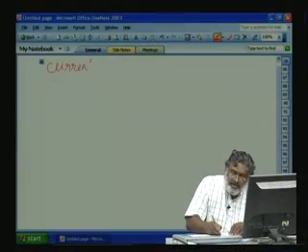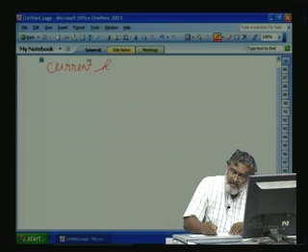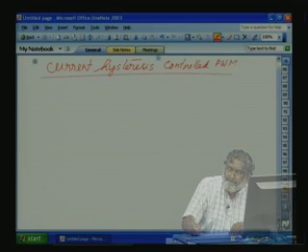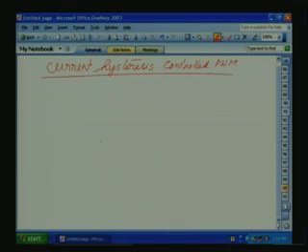Current hysteresis controlled PWM. In current hysteresis controlled PWM, we want nearly sinusoidal current. That means to generate sinusoidal current at the output, it is used in motor drive applications.